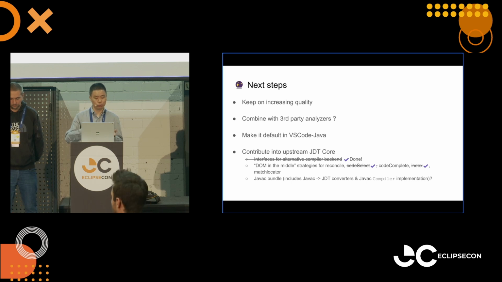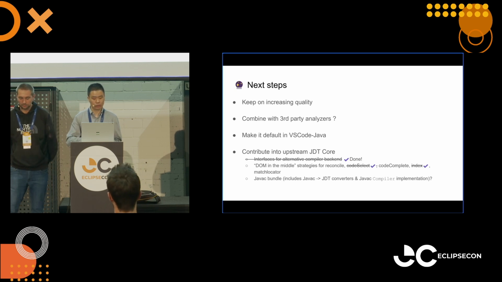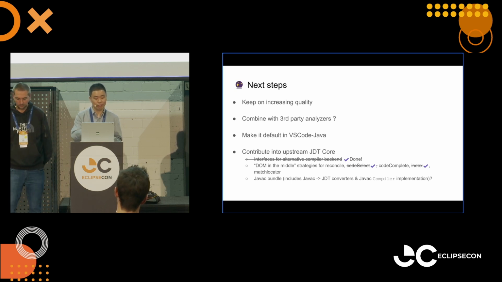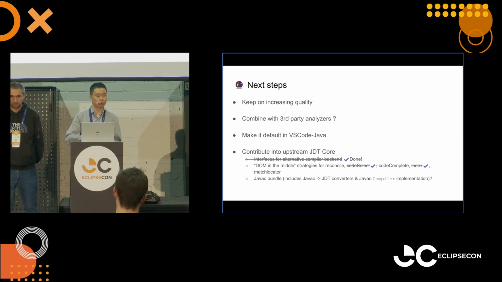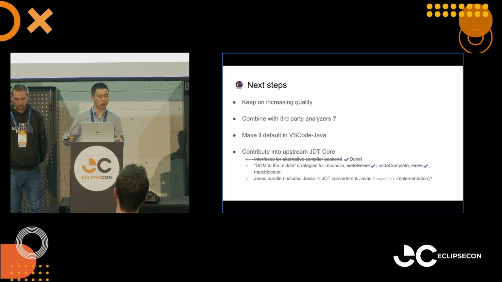Regarding the contribution back to JDT core, some work is already integrated into JDT core. The first one, the interface for alternative compiler backend, is already integrated. Some other work is still in progress in the downstream Javac, such as using the DOM-based Javac parser to support more cases like reconcile, content completion, and the match locator.